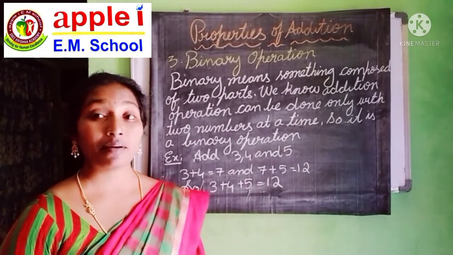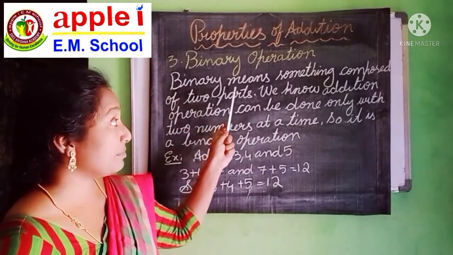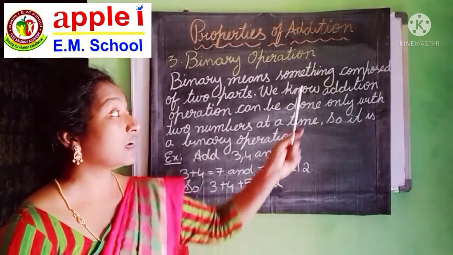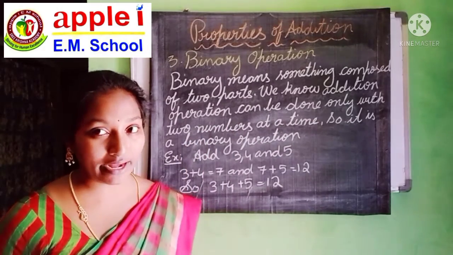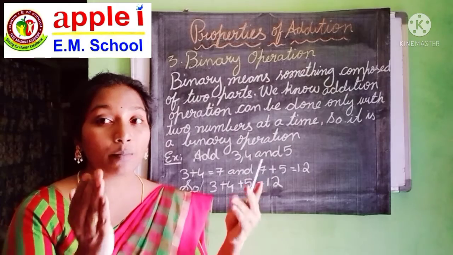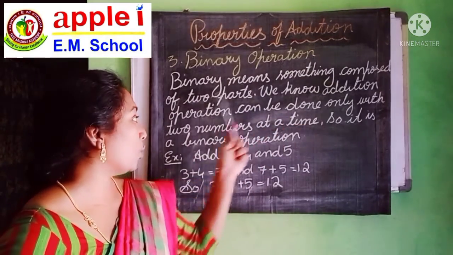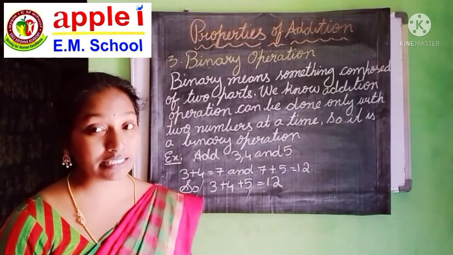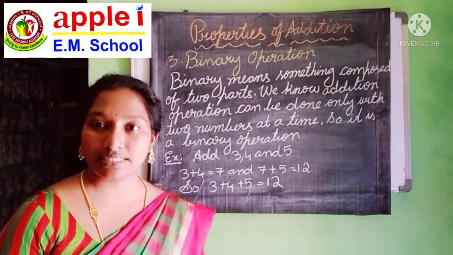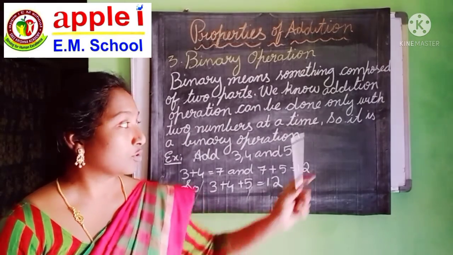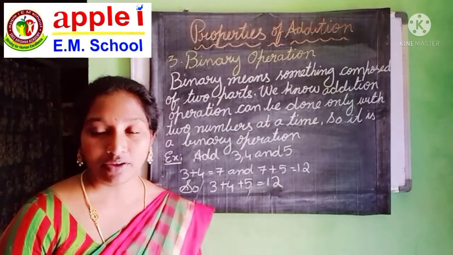Next one, binary operation. Binary means something composed of two parts. We know addition can be done only with two numbers at a time, so it is a binary operation.